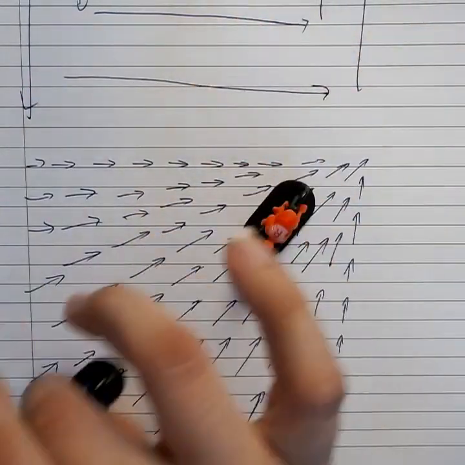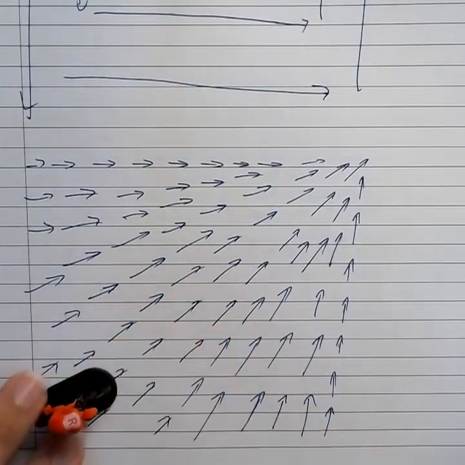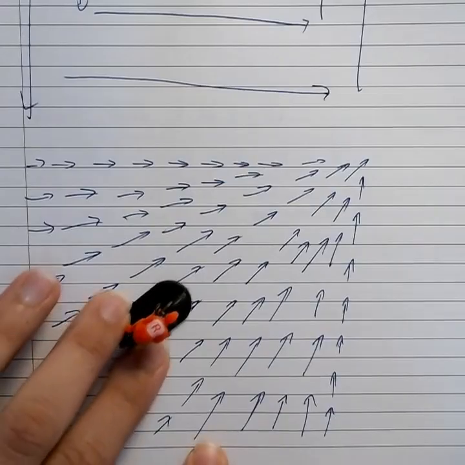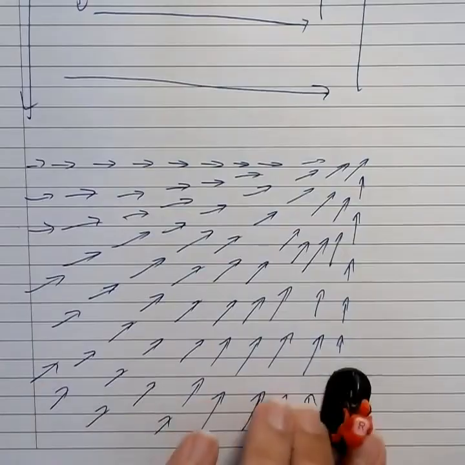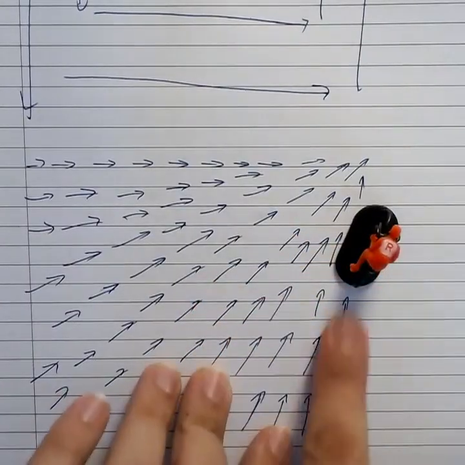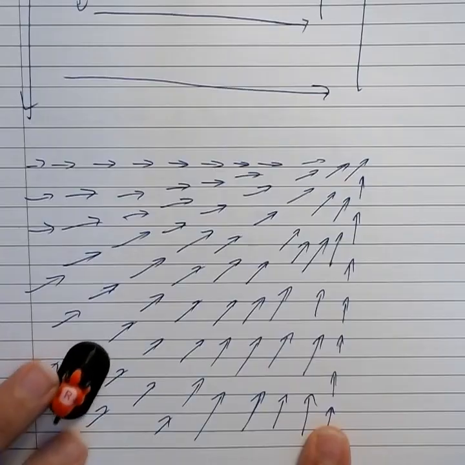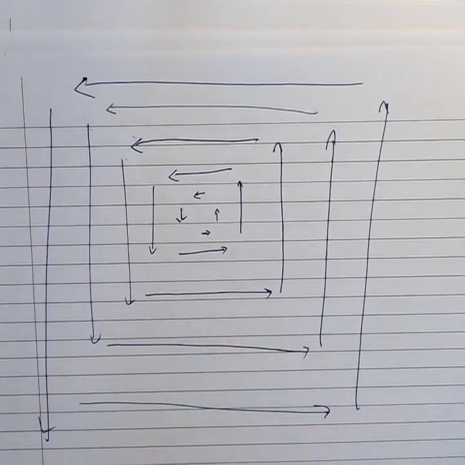Note that if I travel along this direction, if I say I'm going to go just straight along, I have a wind at my back the entire time, but it may not be as strong as it was over here. Here it is directly at my back, whereas over here it may only be at a bit of an angle. So depending on the path that I take over here, I will have a very different experience.